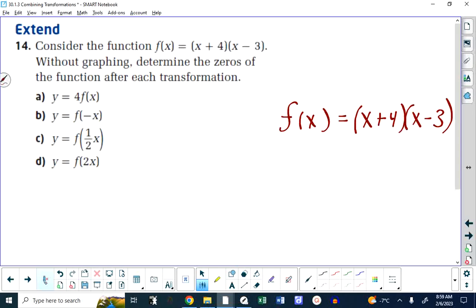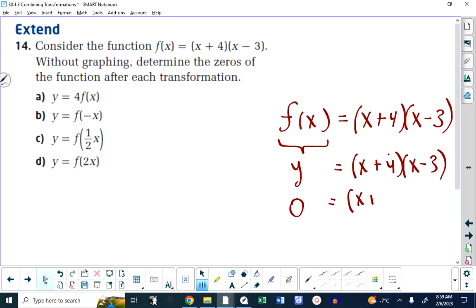And the reason is, this is y, and I'm going through really an extended explanation of why the x-intercepts are what they are. But for an x-intercept, y is 0. And this on the right-hand side, everybody, is a product.